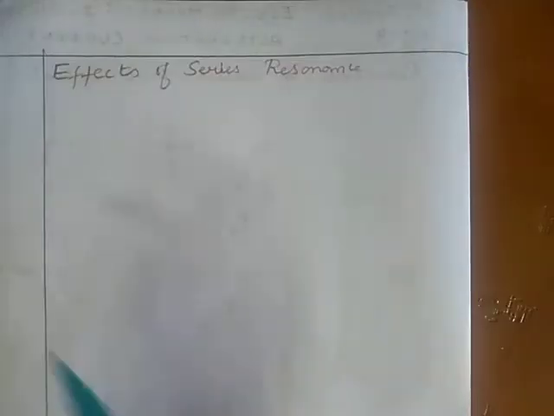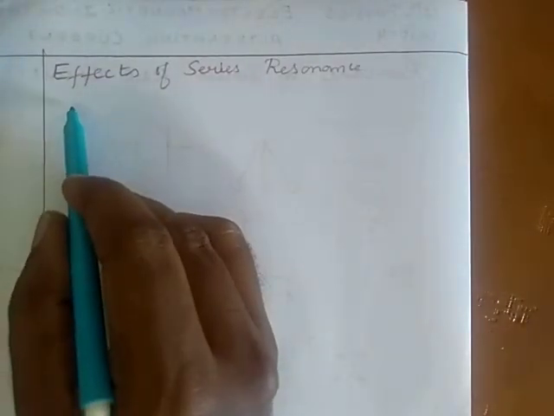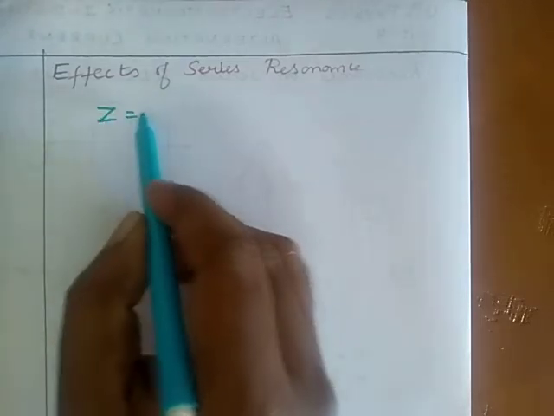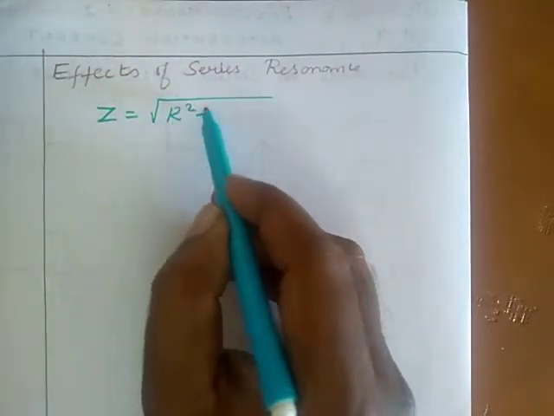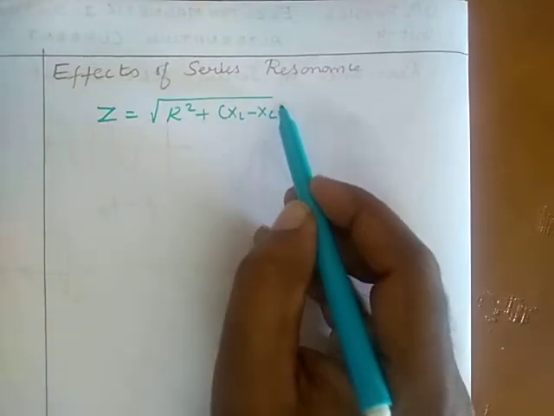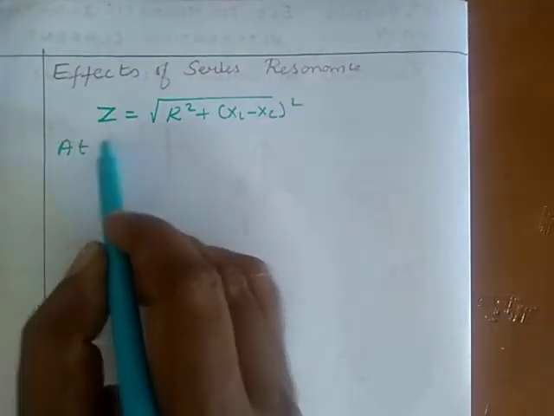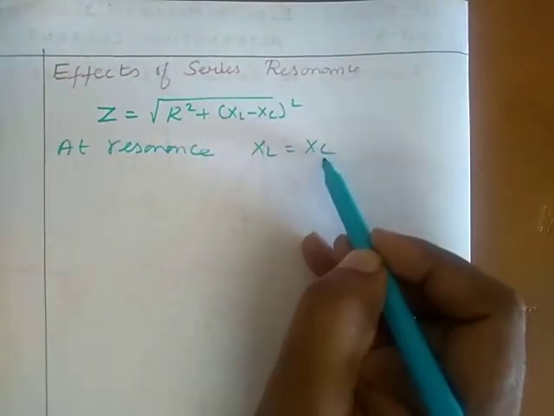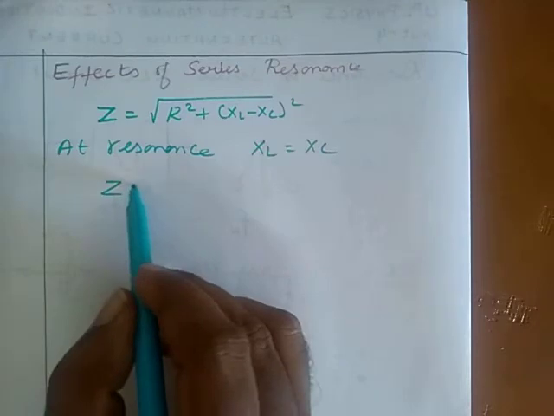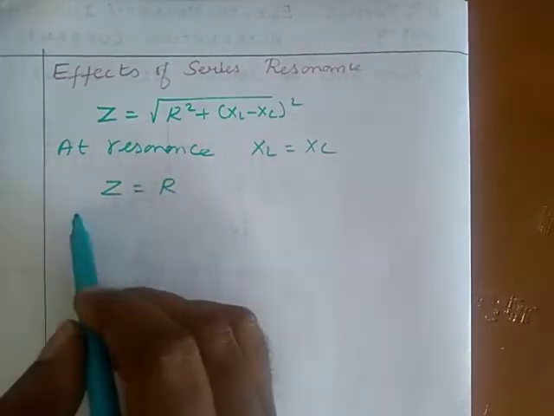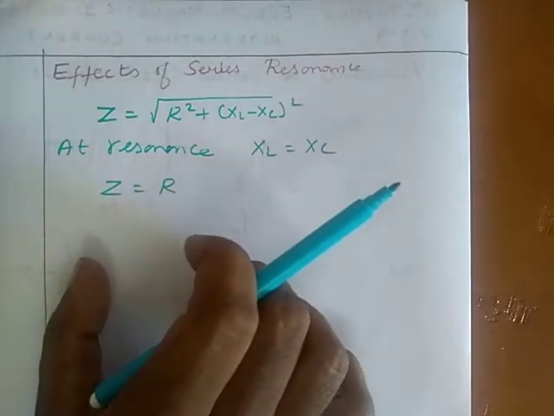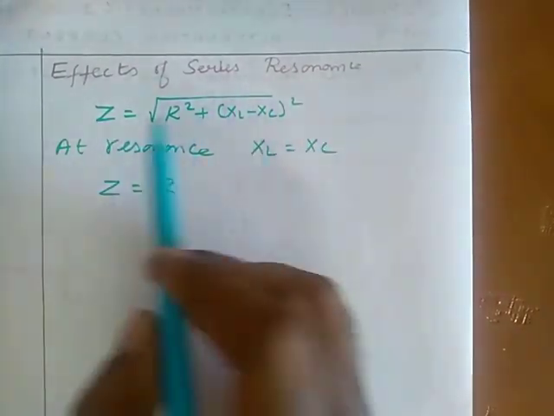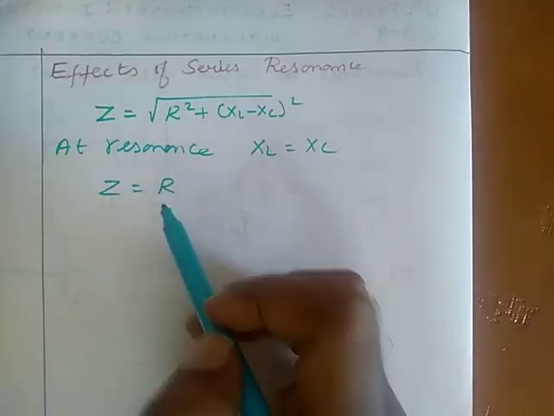At resonance in a series RLC circuit, the impedance Z is equal to the square root of R square plus (XL minus XC) whole square. At resonance XL is equal to XC. Substituting in the above expression, we get Z is equal to R. Then the impedance of the circuit is minimum and it is equal to the resistance of the circuit.